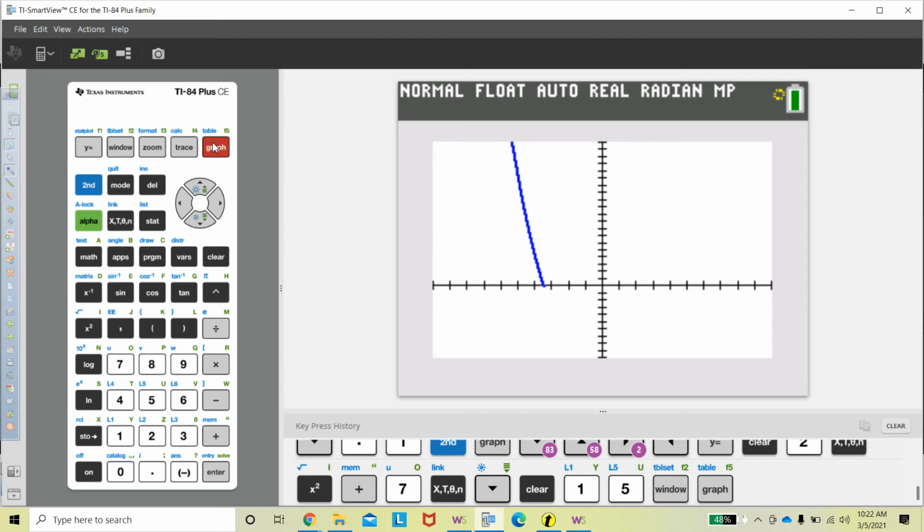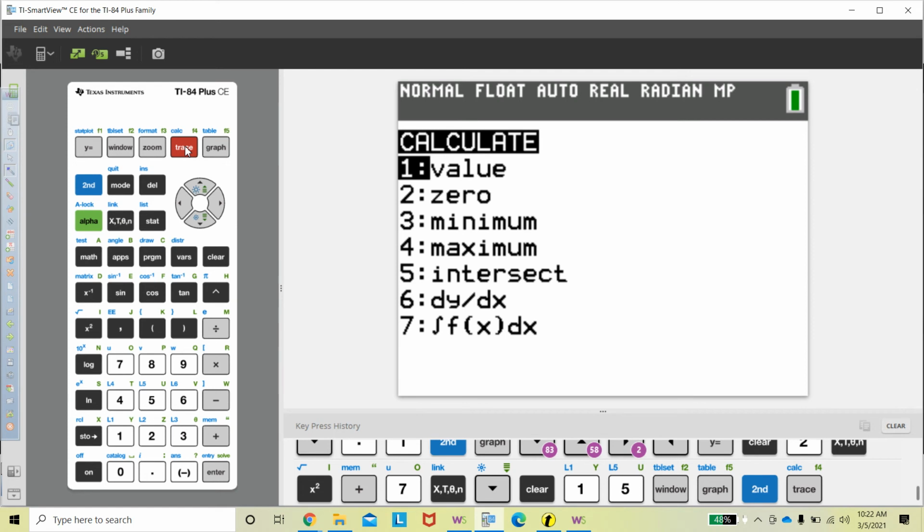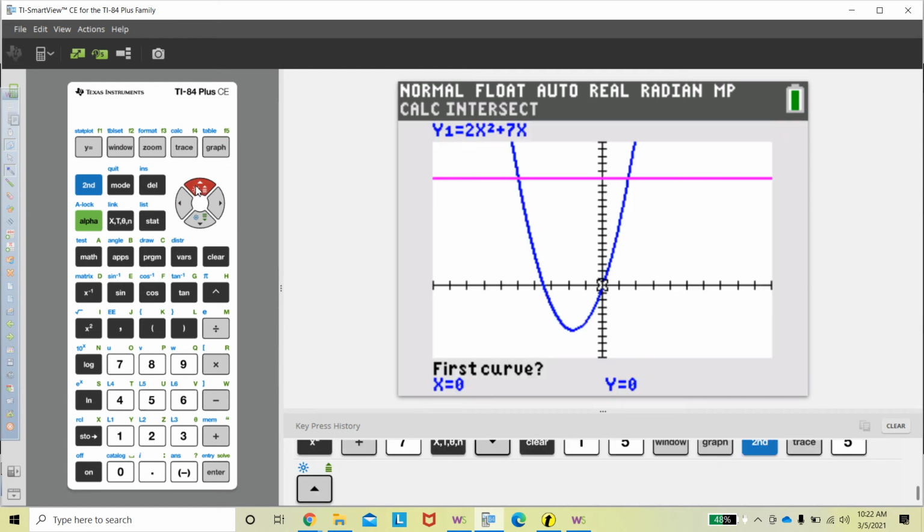So you just have to have something over on the other side. I was actually telling my 5th period students you have to have an x term on the right side. You don't. It's honestly easier if you have the number to get the intersection point. So we just do it again, second trace number 5, and for sure go along the line, way easier, not the parabola, enter 3 times.